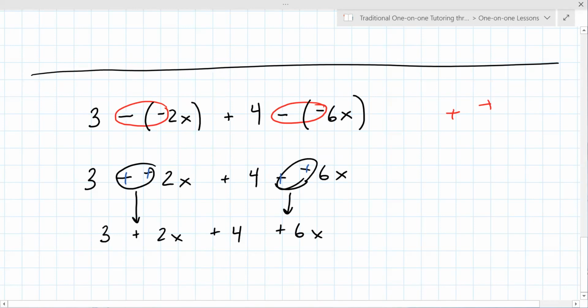So that part I get, and then you keep down with a plus and you take off the parentheses. And then you do the same for the two negatives with the 6x. So you bring that down. So now you have 3 plus 2x plus the 4, and then you're going to get plus 6x instead of negative. That's right, 6x.